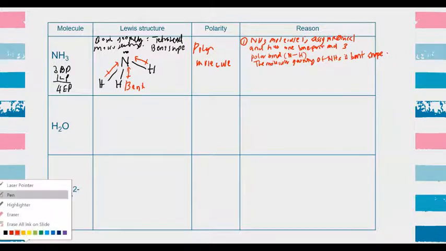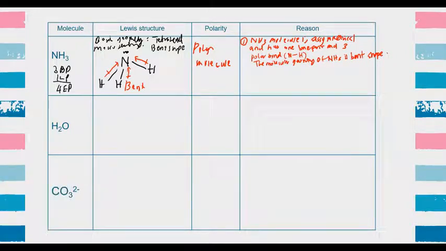So point seterusnya kita cerita tentang dia punya dipole moment. Dipole moment cannot cancel out each other. So dipole moment dia tak boleh cancel out each other.